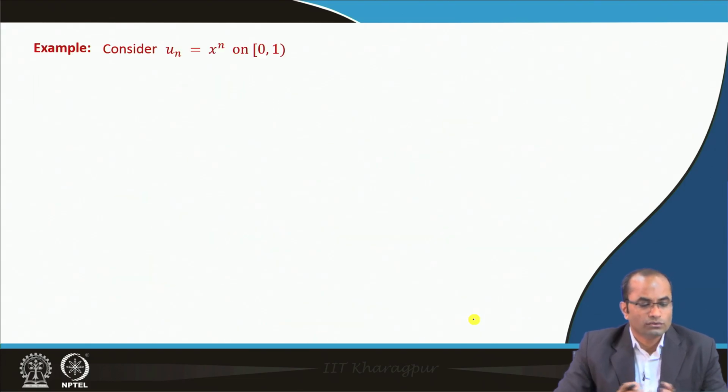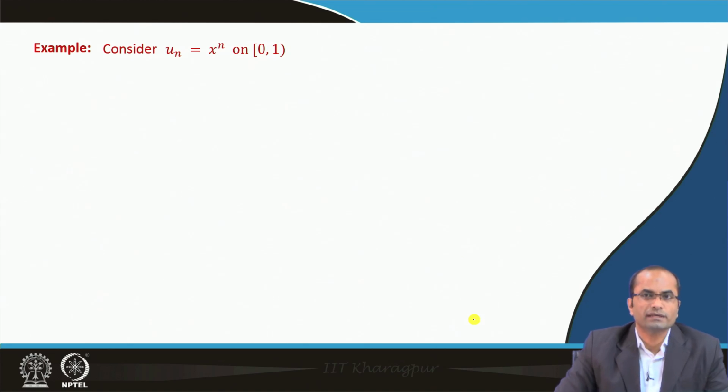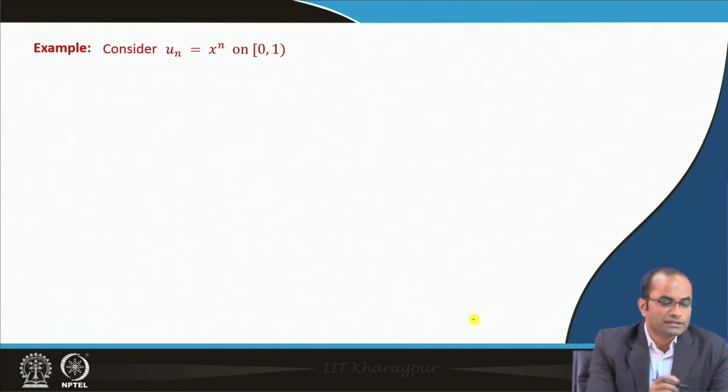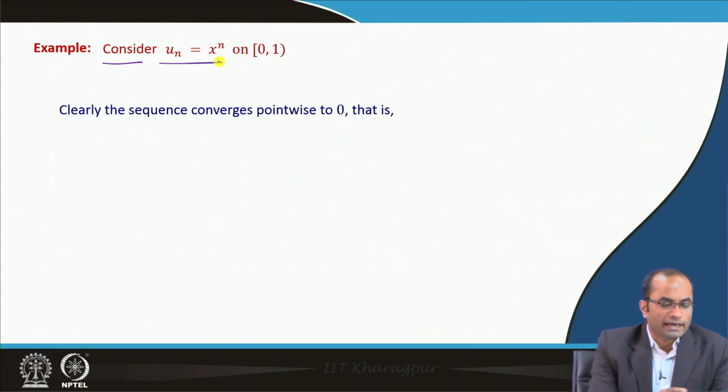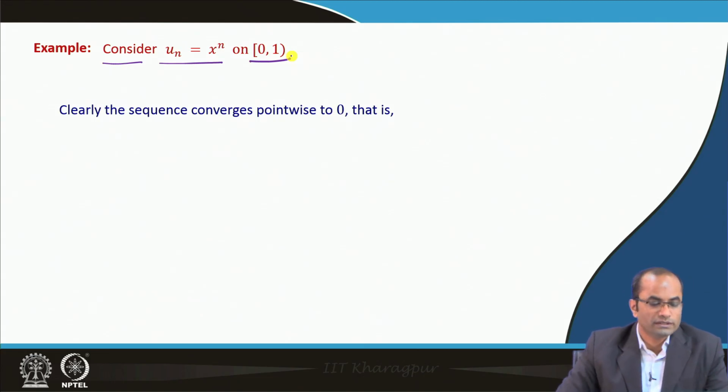Just to differentiate the two types of convergence, we will take some simple examples to clarify how these two notions are different. Consider the sequence u_n equal to x to the power n, with x between 0 and 1, where 1 is excluded.